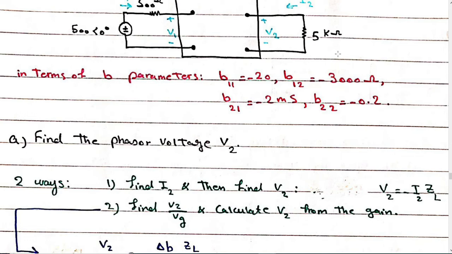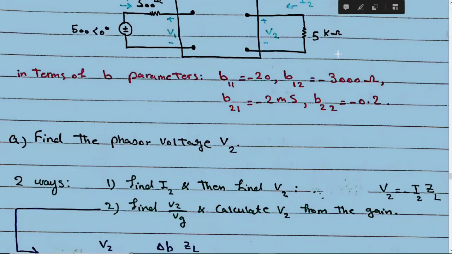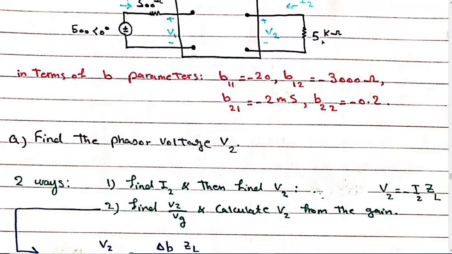ZL is negative I2 over V2. Okay, well, how much is that now? What's the meaning of ZL? The impedance of the load. Okay, what is the load over here? 5 kilo ohms. So ZL is 5 kilo ohms.